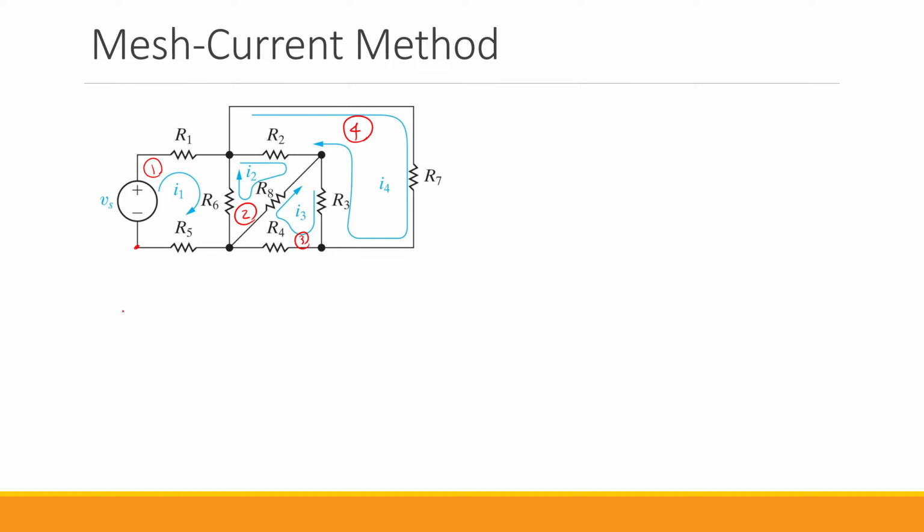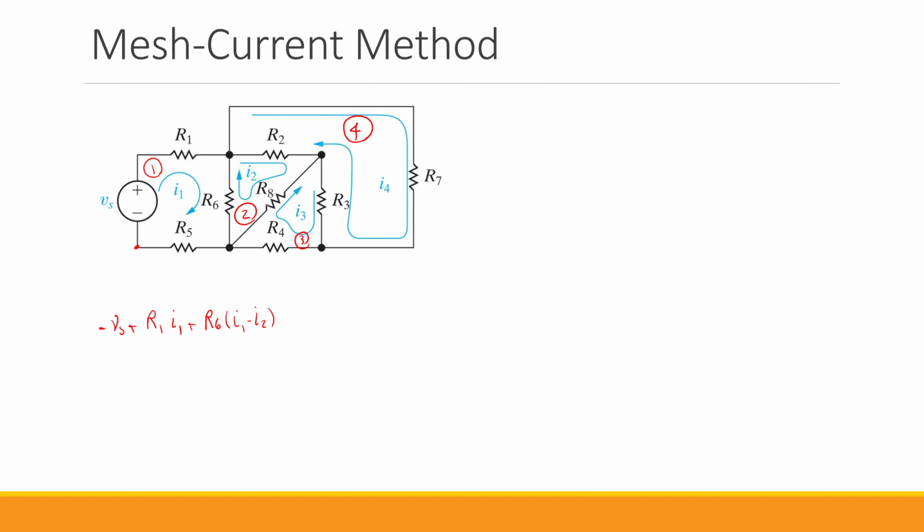Following the passive sign convention, we have negative Vs plus R1 multiplied by I1 plus R6 multiplied by I1 minus I2. As you can see here, R6 is common between the first mesh and the second mesh.